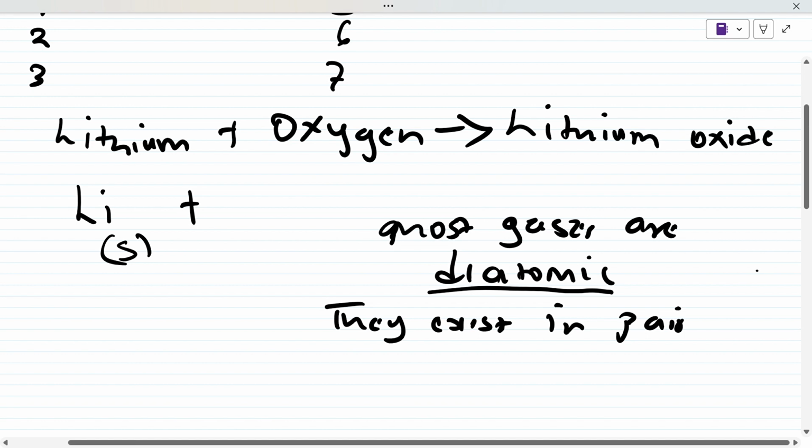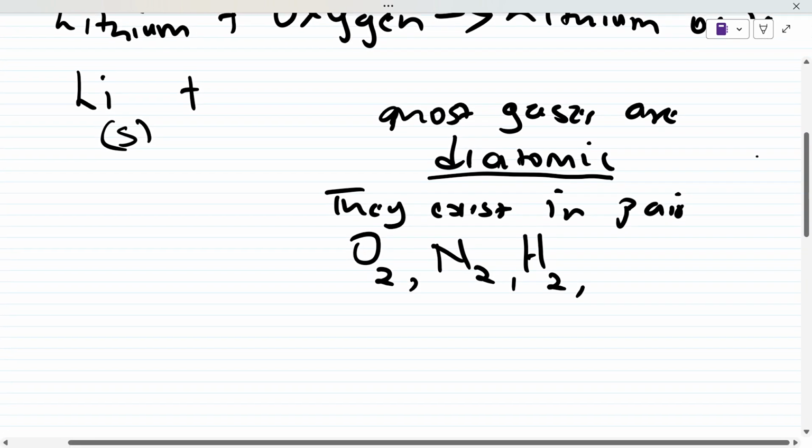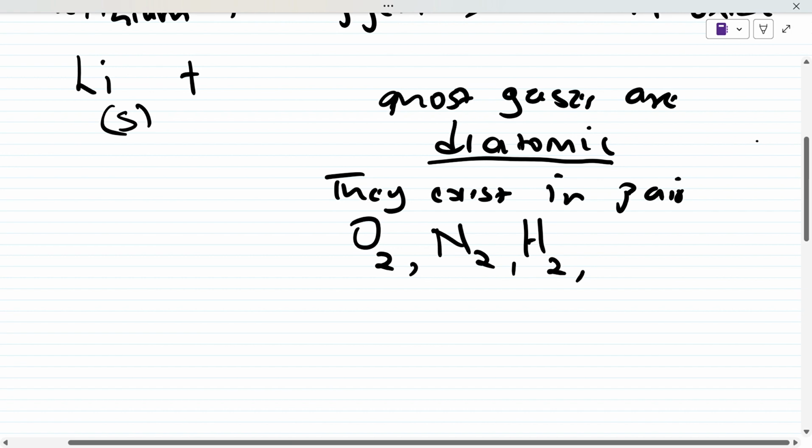Meaning, if I'm having oxygen, I must have O2. If I'm having nitrogen, it is N2. If I'm having hydrogen, it is H2. Think of any other.